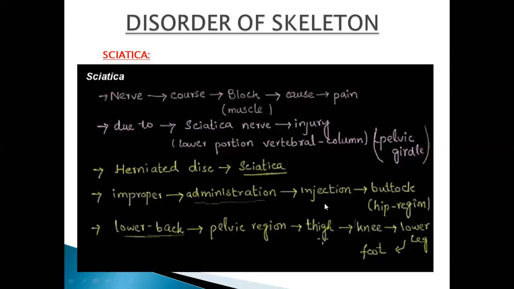Improper administration of injections can also cause the problem of sciatica in the hip region. In the lower back, pelvic region, thigh, knee, lower leg and foot, it can also cause pain that radiates towards this region of the body, the region of the pelvic girdle.